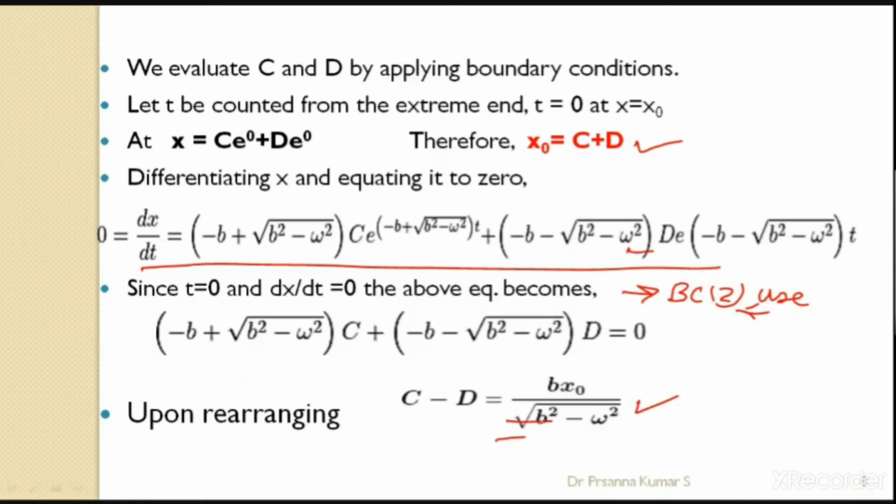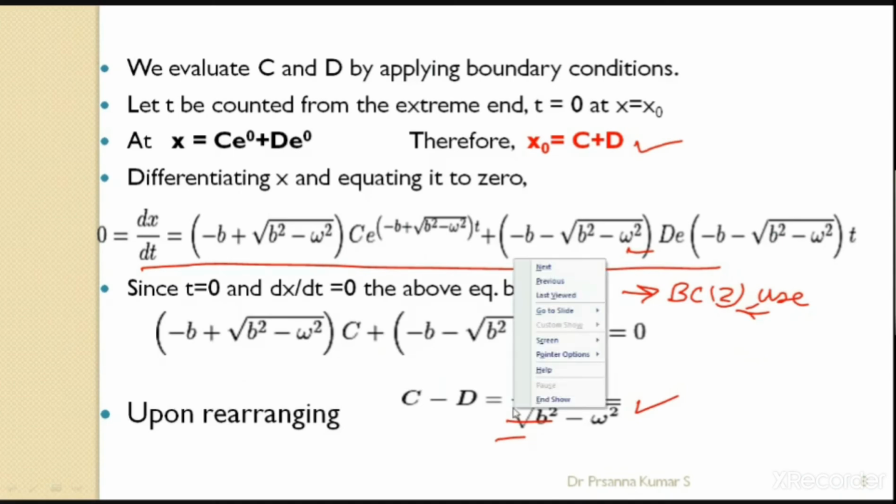I'll show you how this goes to be C minus D. For that, I'll show that C minus D is V naught by root of B square minus omega square, using boundary condition 2.